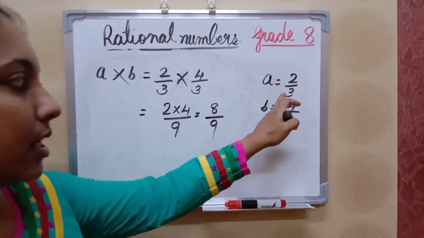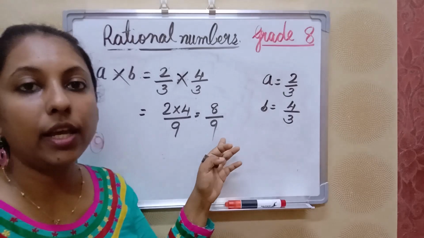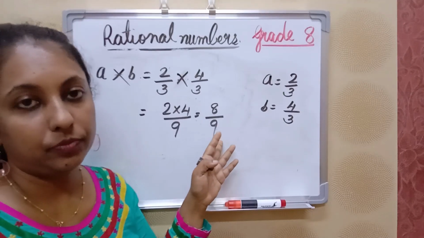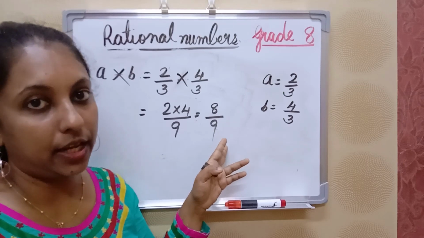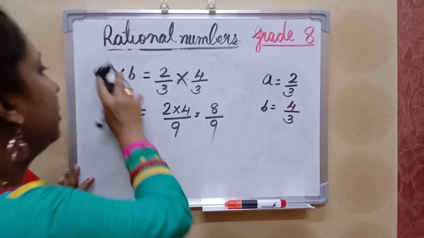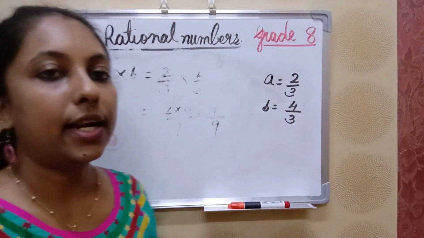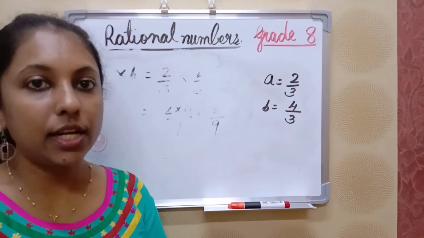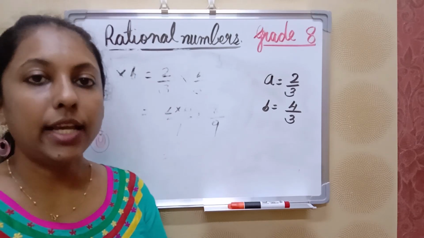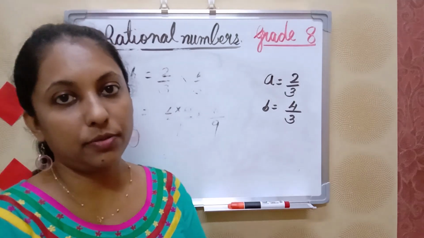So a is a rational number, b is also a rational number, then a into b is also a rational number. So rational numbers are closed under multiplication. In conclusion, closure property: rational numbers are closed under addition, subtraction and multiplication. Except 0, rational numbers are closed under division also.